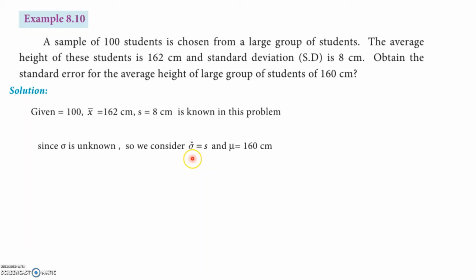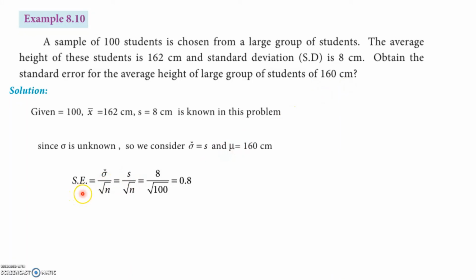But in some cases, it is not possible to calculate the standard deviation of the population. It's not available to you. So in such cases, we would take the standard deviation of the sample itself. We represent it with a small curve on the top, which denotes the sample standard deviation. And our population mean is given to be 160 centimeters.